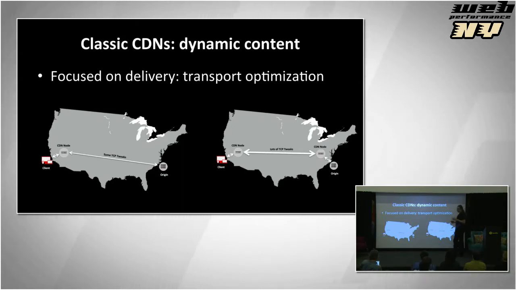You've probably heard of a technology or a suite of products called DSA, Dynamic Site Acceleration. Basically what it means is that your clients get sent to CDN nodes that are near them, and then from there to the origin, there's a whole bunch of cool TCP tweaks that make that delivery be as quick as possible. This is an optimized set of connections from the edge to your origin.